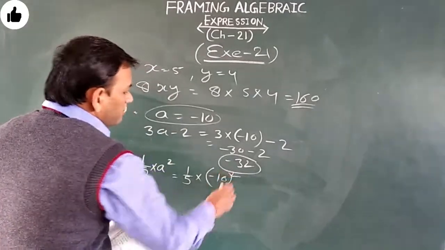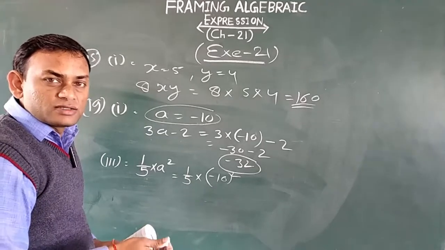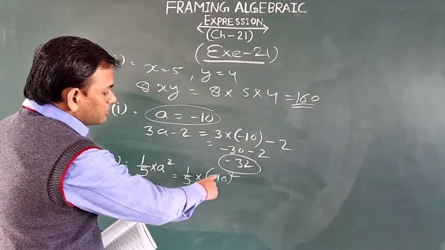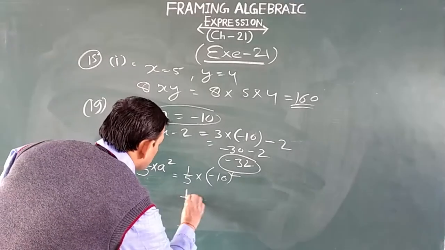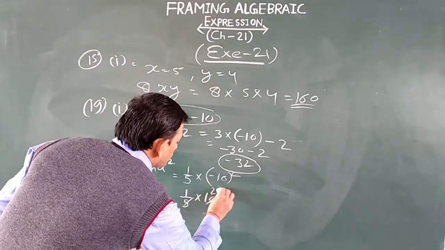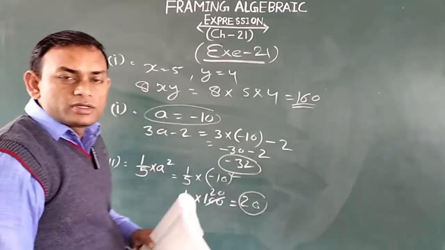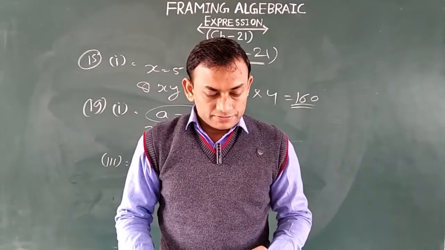Okay, what is the value of minus 10 square? A square means we have to multiply the minus 10 by the minus 10. So 10 tens are 100 and minus into minus is plus. So it will be 1 upon 5 into 100. 5 2s are 10, 20, 5 20s are 100. So 20 is the answer of this question.